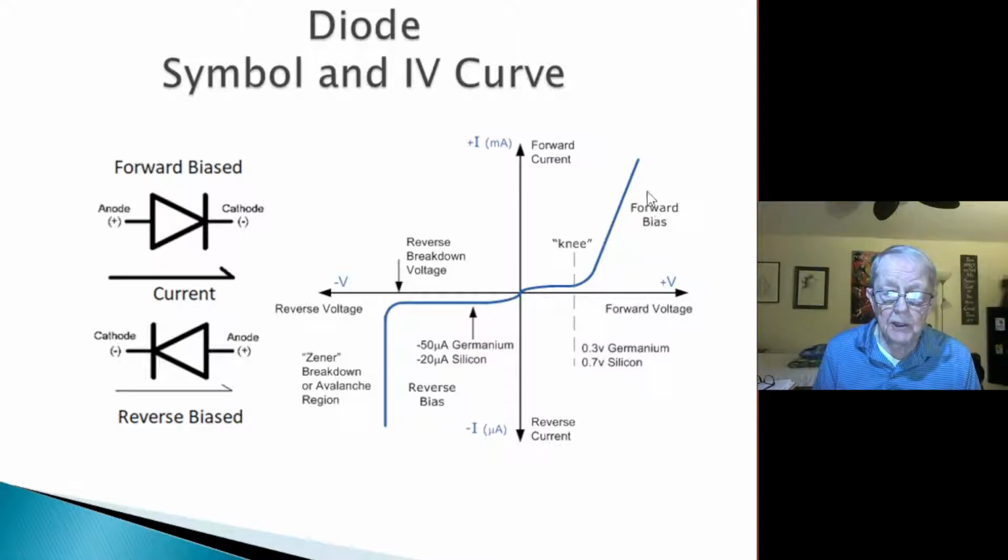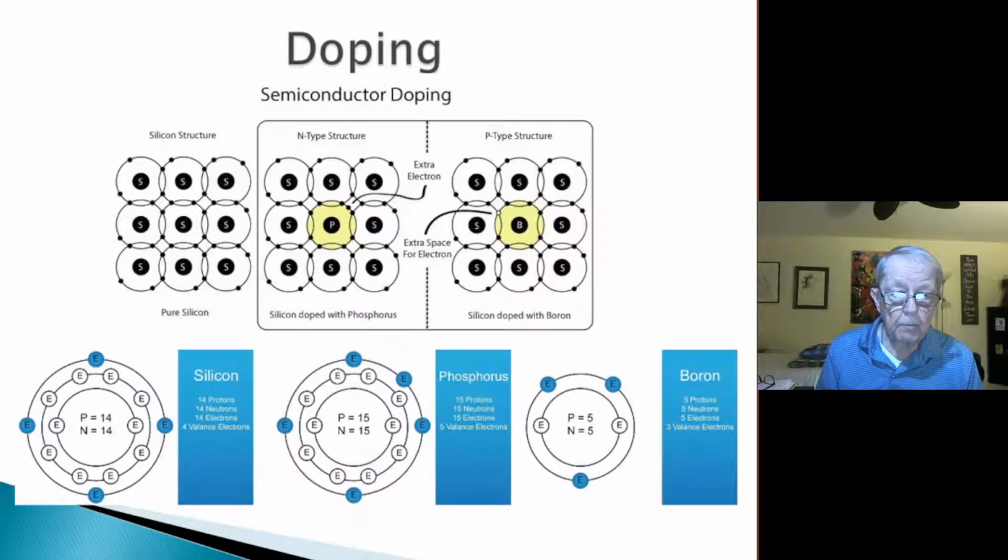For the signal diode, in the forward bias region, you operate up here. In the reverse bias region, you operate here. And for the Zener, you operate down here. Quite flexible. This is really one diode, just used in two different ways. And then there's the Zener, which is usually used just one way.